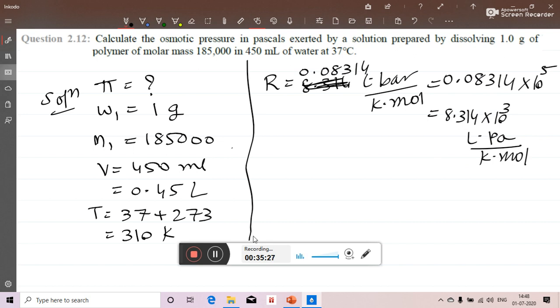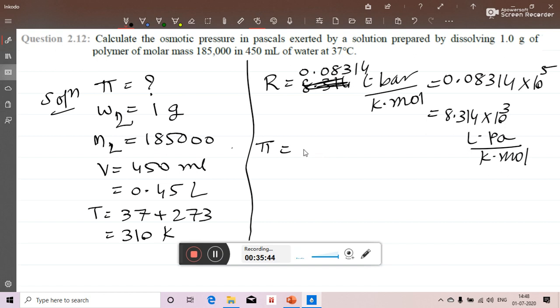Now the equation of osmotic pressure is pi equal to W2 RT upon M2V. Okay, so this is the weight of solute, W2, and M2 is the molar mass of solute.